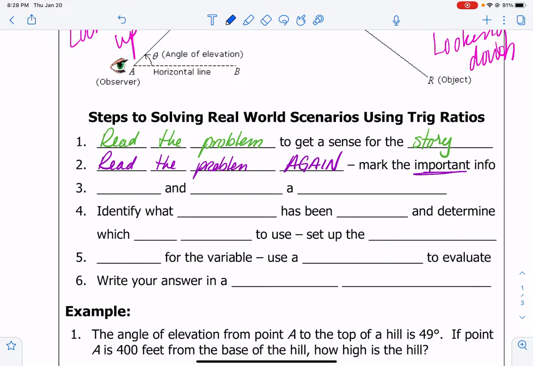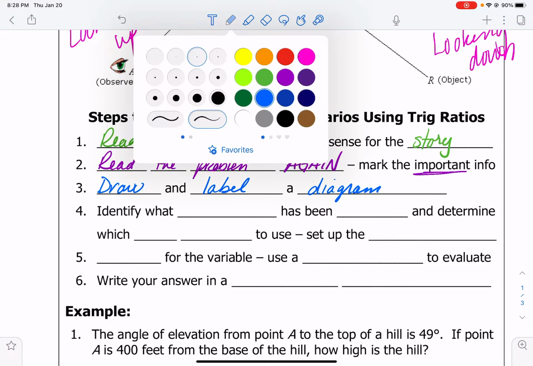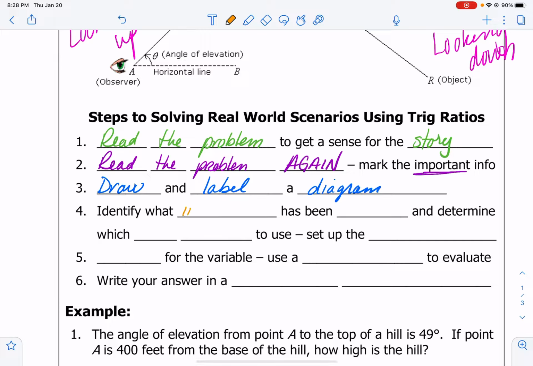Then we draw and label a diagram. We identify what information we still need and what has been provided or given, and determine which trig ratio to use, and then we set up the equation.